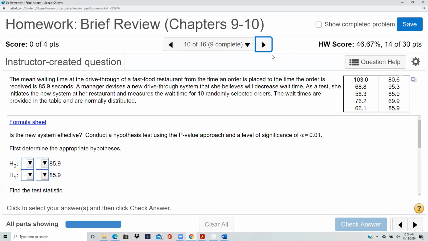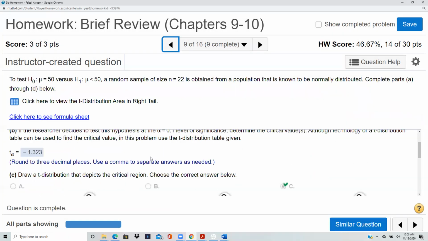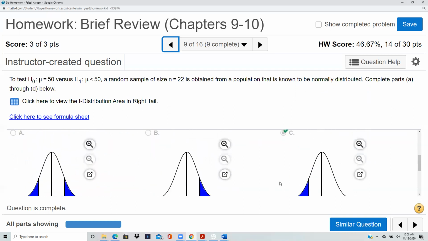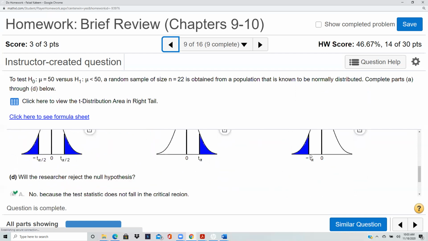So if I'm looking at my critical value, it's in the previous problem? Okay, so what were your values? My critical value was negative 1.7. Okay, so it means that now this is negative 1.7 here. And what was your test statistic?